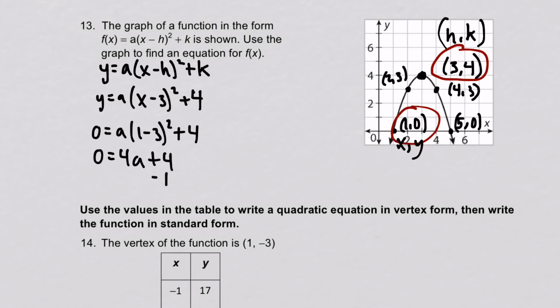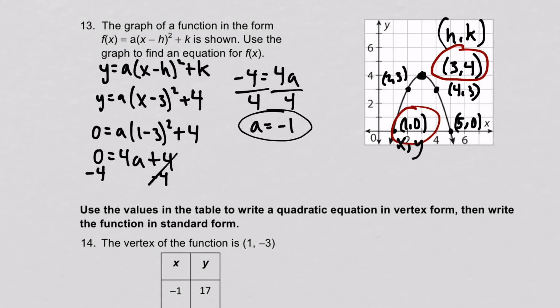Subtract 4 from both sides and solve. You're going to get negative 4 is equal to 4a. Divide by 4 and you're done. a is equal to negative 1. Take that a value, this h value, and this k value, and plug them all into this form, and you're done.